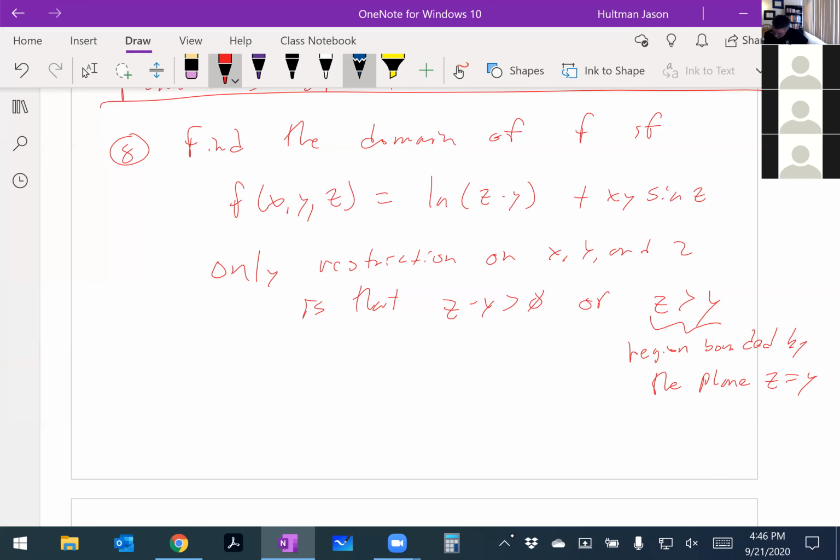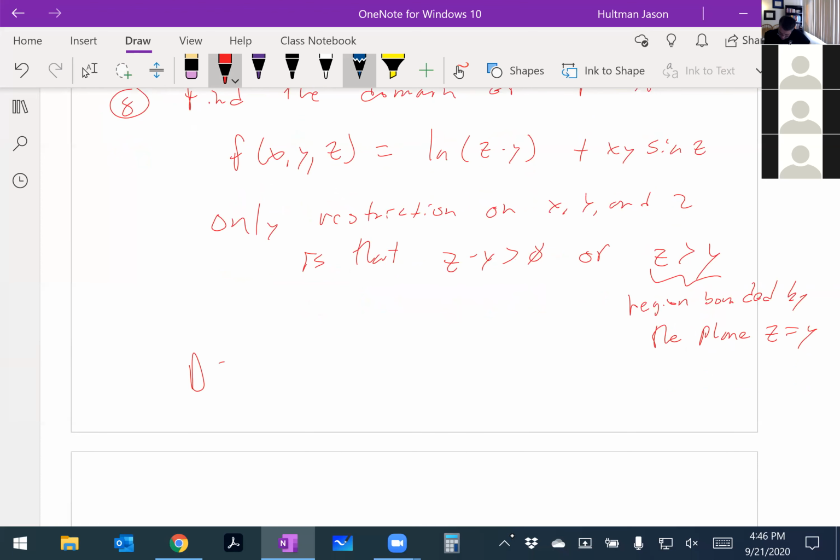That's the domain. So the way I'm just going to write that is in set notation. The domain is x, y, z, an element of R cubed, such that z is greater than y.